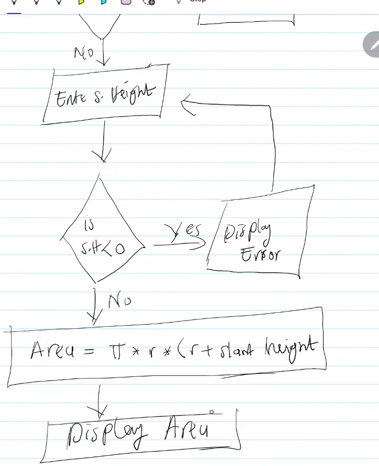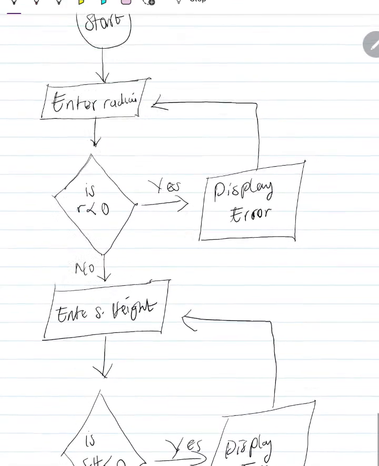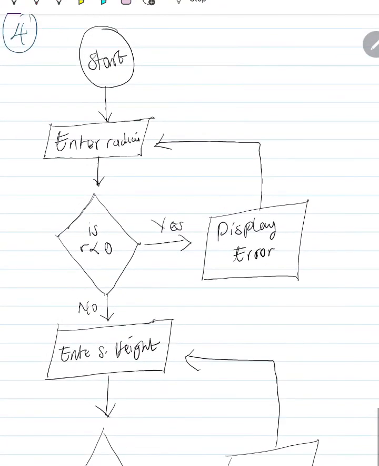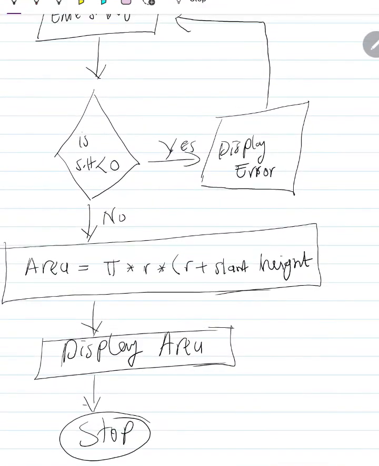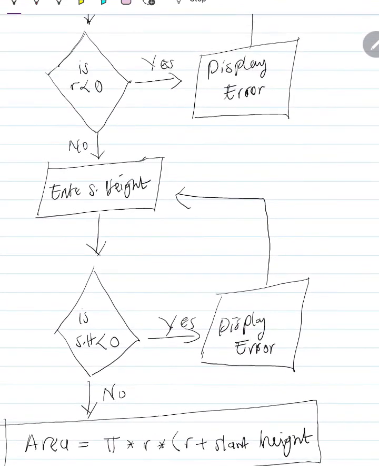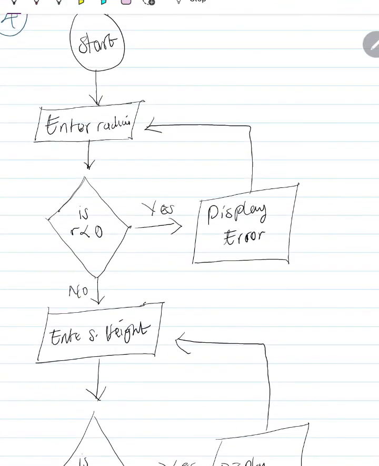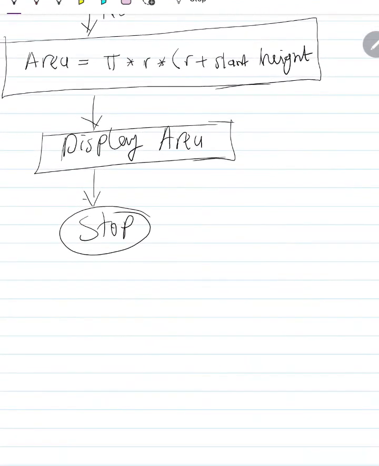Okay. Then the last thing is to stop. Okay. So the stop and the start, you can either use an oval shape, or a circle. All right. So this was our question 4. So you can move from a flow diagram or a flow chart to a pseudocode by using the same steps. Okay. Now we go to part B.